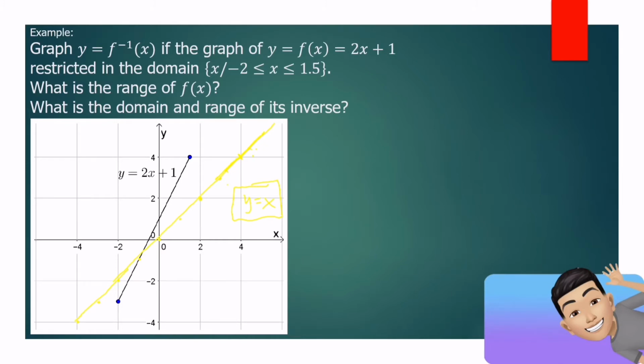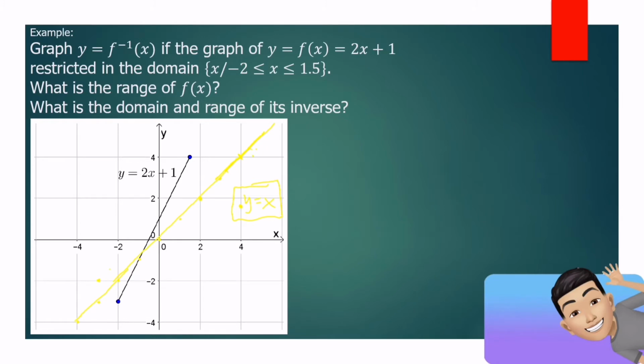Sabi doon, with respect to that line, magre-reflect lang yung inverse nung given function natin. So meaning to say, kung ito ay nandito, ang reflection niya, kung mapapansin nyo, ay mapupunta dito yung endpoint. Kasi yung given function natin may specific endpoints. Line siya pero nilagyan siya ng specific endpoint. So ito naman ay mapupunta dito. Yan.